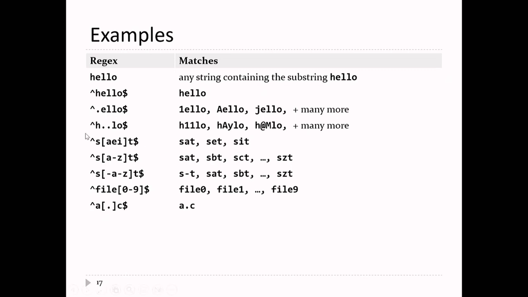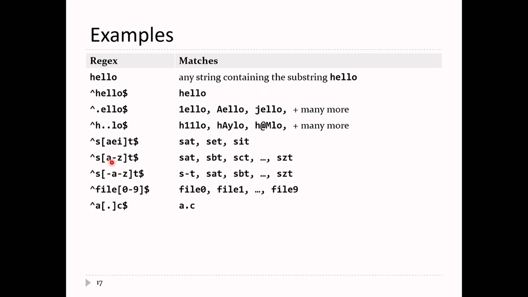If you drop the caret and the dollar sign, that matches anything that contains sat, set, or sit. If you drop the dollar sign, that matches any string that starts with sat, set, or sit. And if you drop the caret, that matches any string that ends with sat, set, or sit.